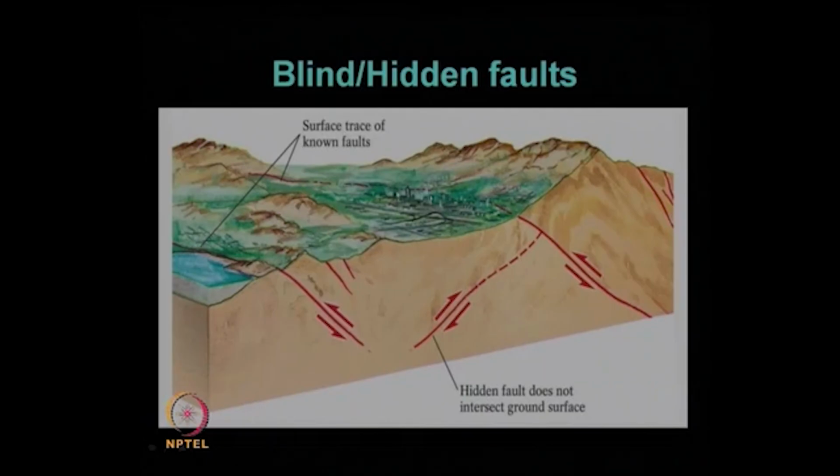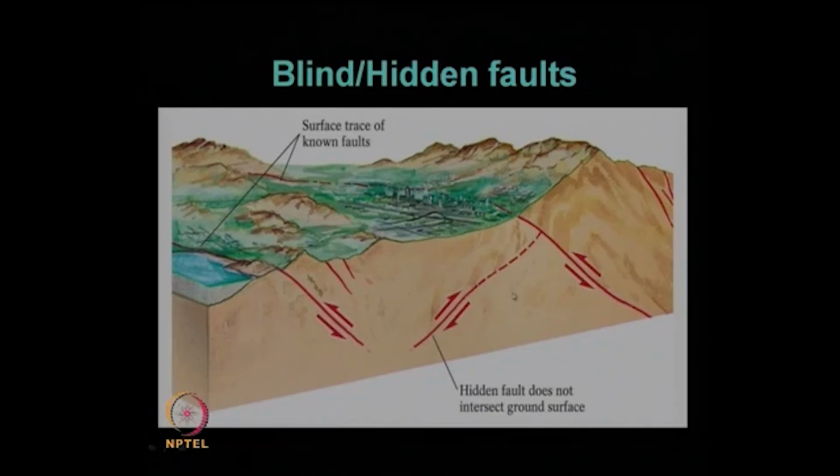So, that is the surface trace of this known fault. Also, you can see another fault over here. This fault plane makes a surface trace like this. So, this is the surface trace of another known fault.